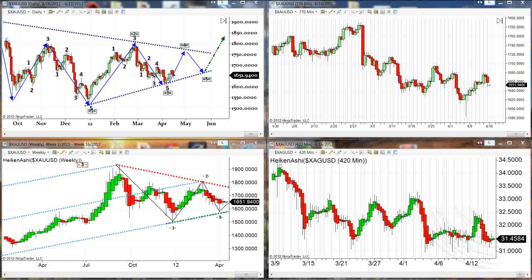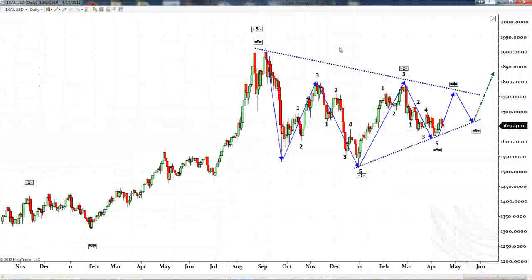Traders, today I want to spend a couple of moments talking to you about a triangle correction and some of the tenets that R.N. Elliott put down in his documentation when he described the various components that will make it up and some of the things to look for. One of the things that R.N. Elliott talked about was that typically in a market, you are going to have an alternating pattern between 5 and 3.